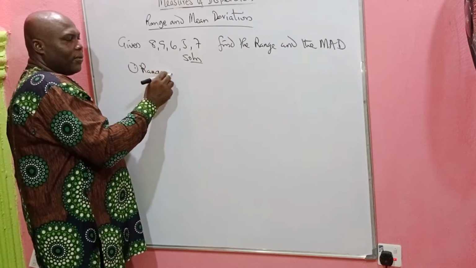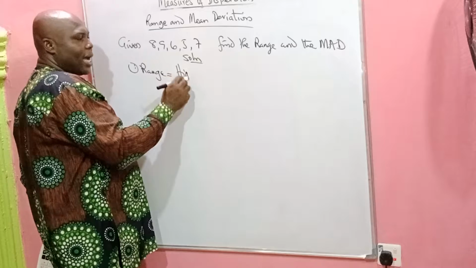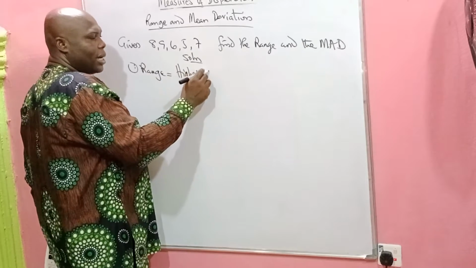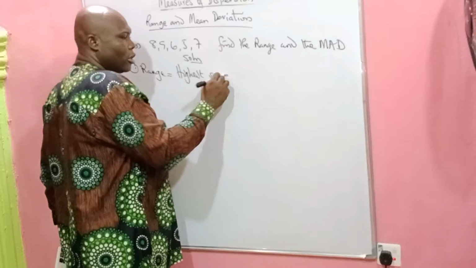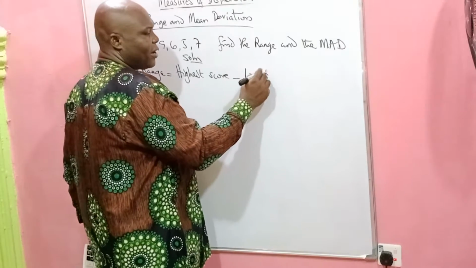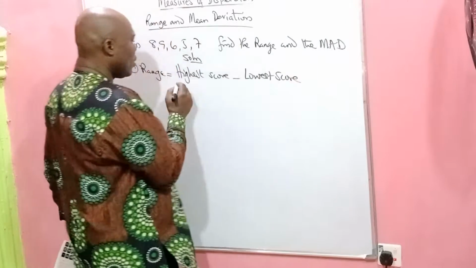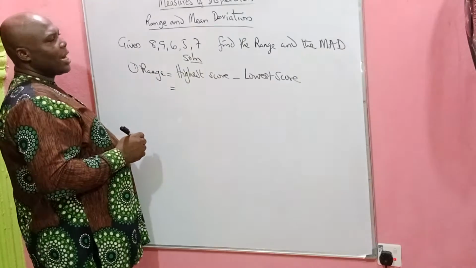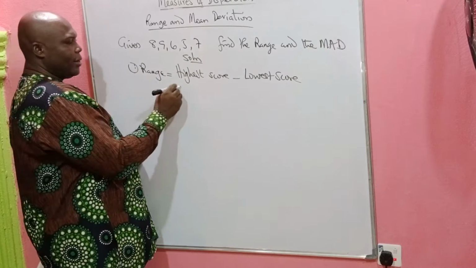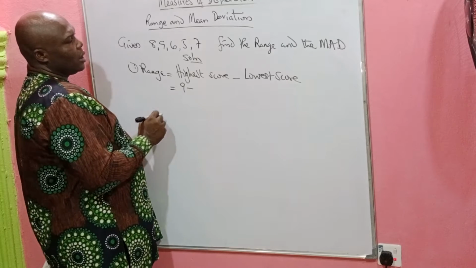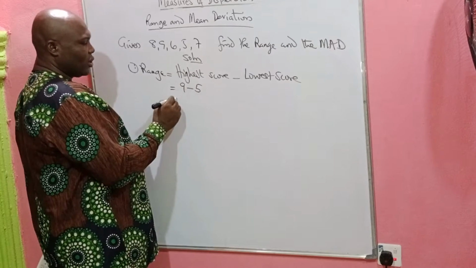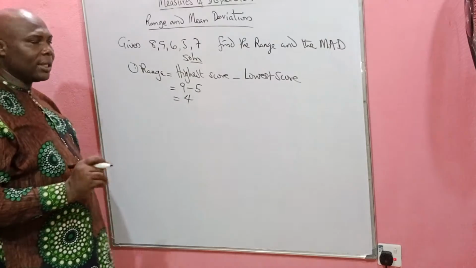Of course, we say the range is the difference between the highest observed value, highest score, and the lowest observed value, the lowest score. In this distribution, the highest value given is 9, and the lowest observation is 5. That gives us a range of 4, as simple as that.